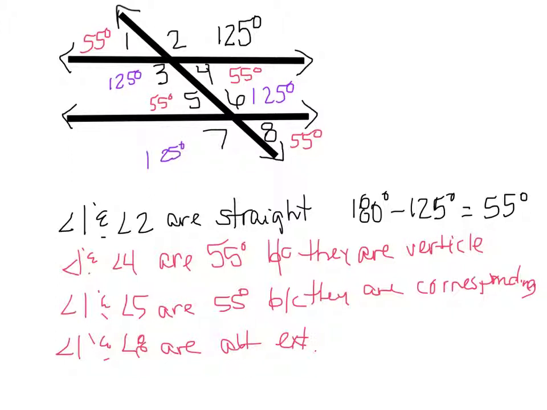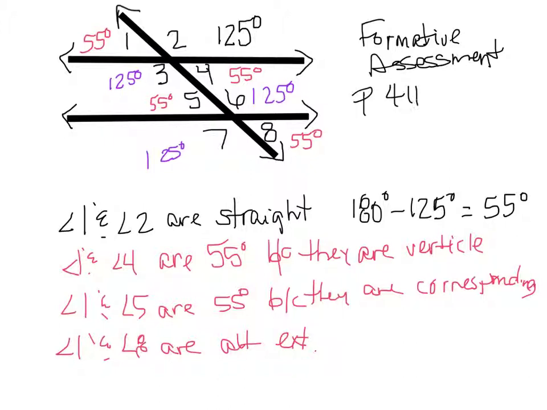Now, in these last few minutes, let me tell you what I need you to do for tomorrow. I want you to do a formative assessment for me. I want you to have these problems completed when you come back to class, page 411, numbers 1 through 12. Now, these are short problems.